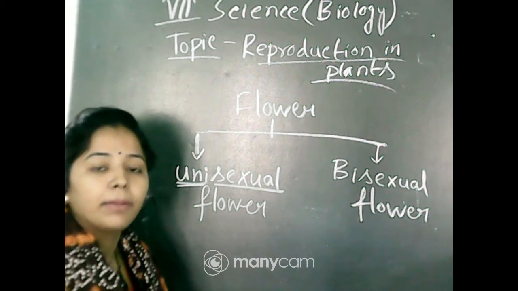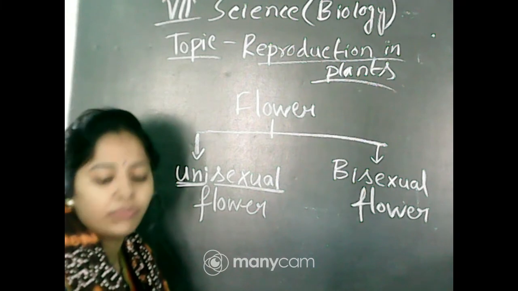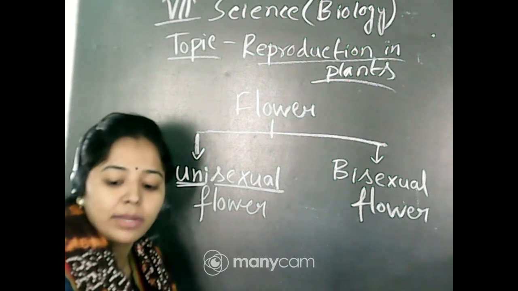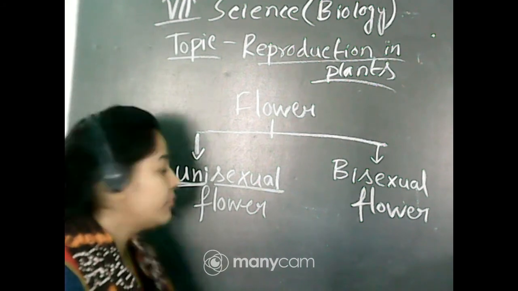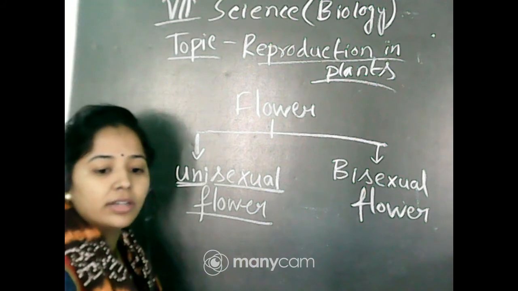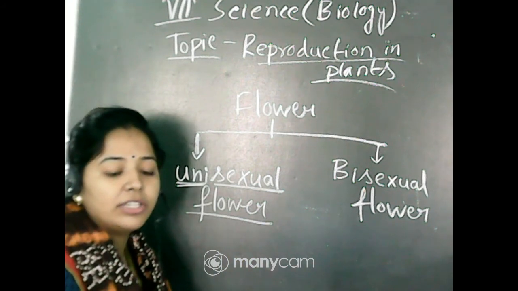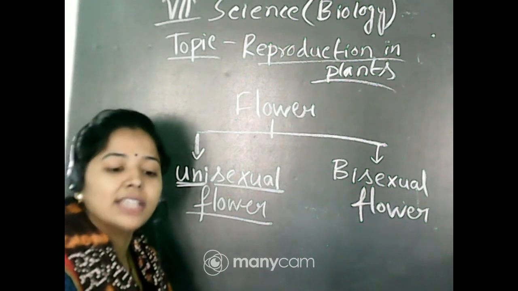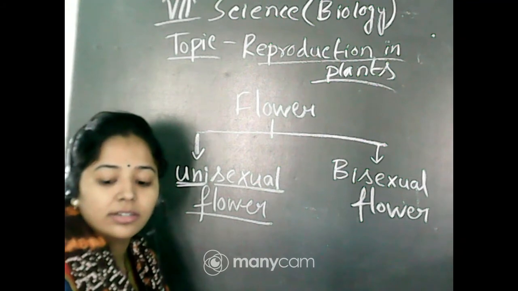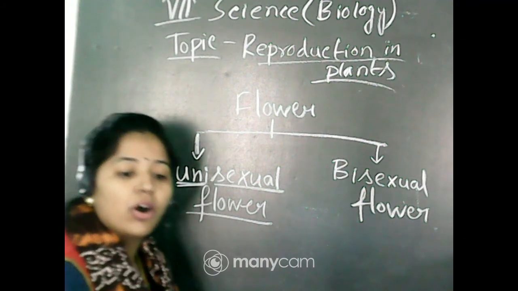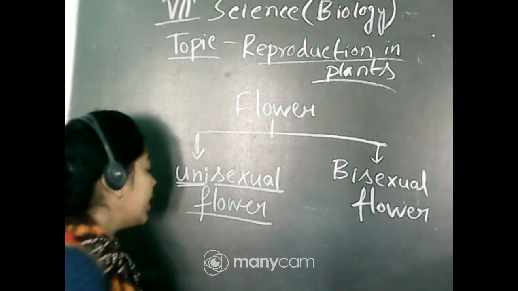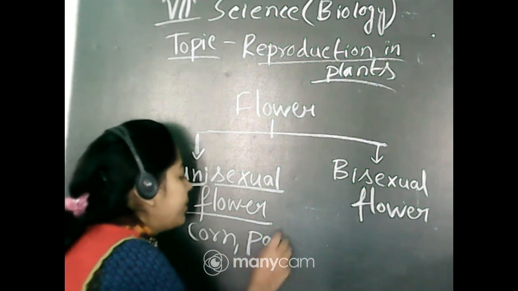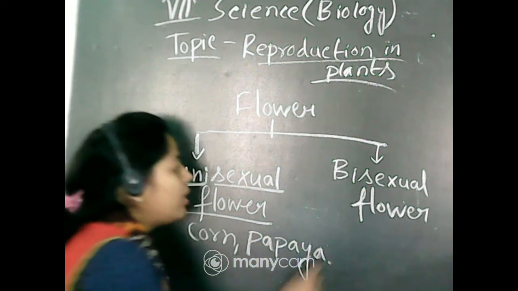So the flowers which contain either only pistil or only stamen are called unisexual flowers. Understood this portion? Any problem? Okay. Examples of unisexual flowers: corn, papaya, cucumber.